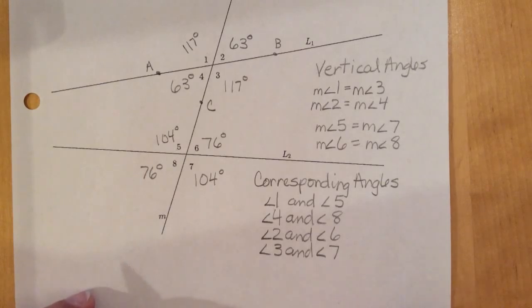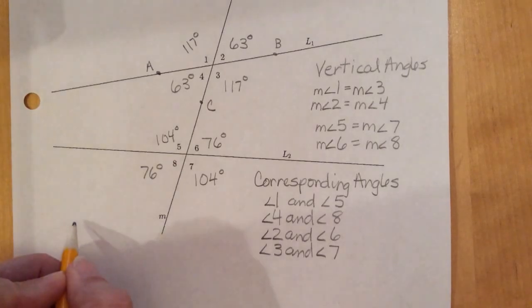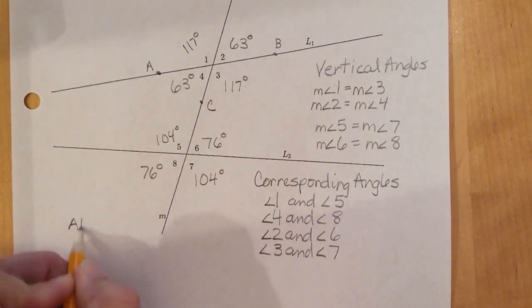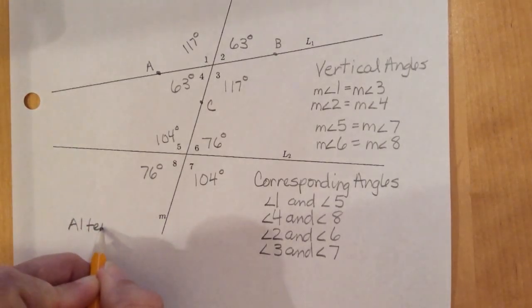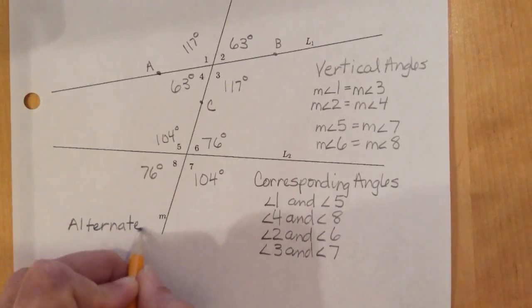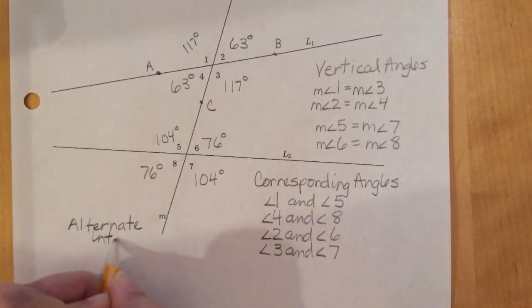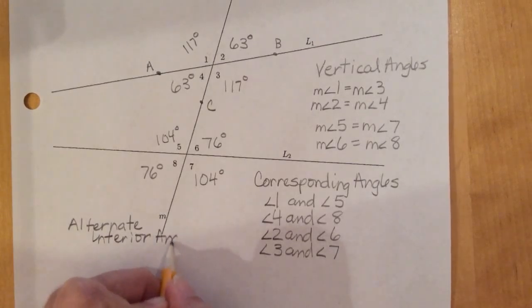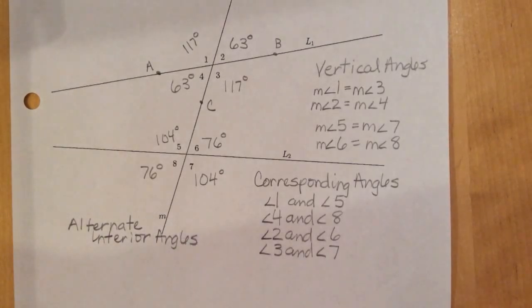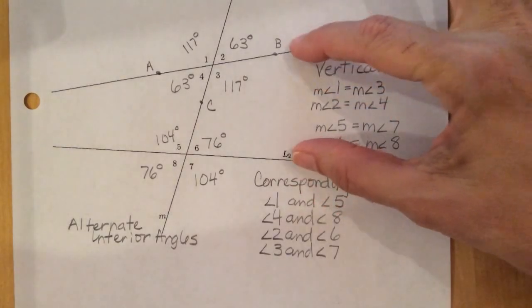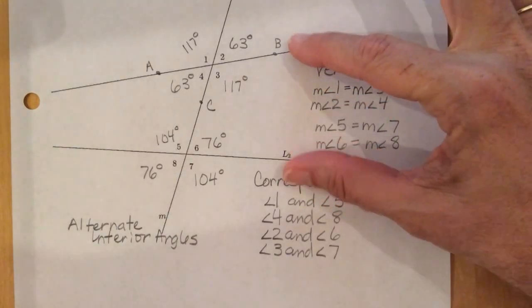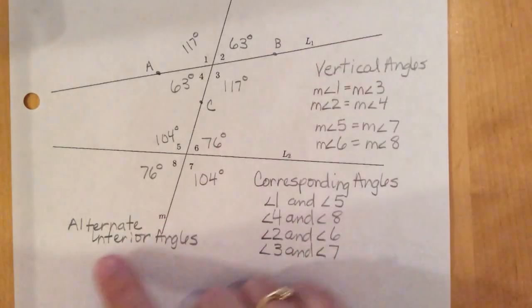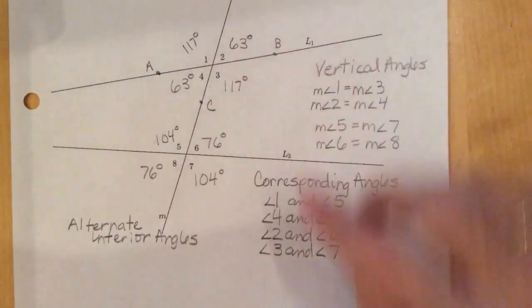Okay, so the other type of angle we have are called alternate interior angles. Those would be ones that are on the inside of our two parallel lines. So they're in between here, but they're on alternate sides of the transversal.